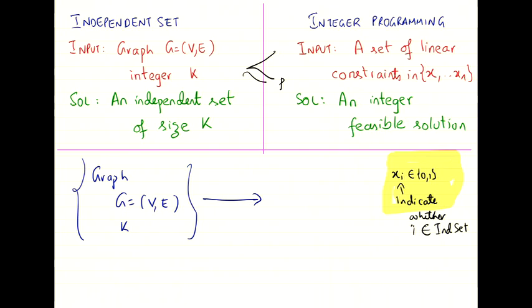That's our intent. The reason I'm marking this in a different color is that whenever we come up with a reduction, there is an intent of what you want the variables to mean on the other side. But just because you have the intent doesn't mean the algorithm will respect it.